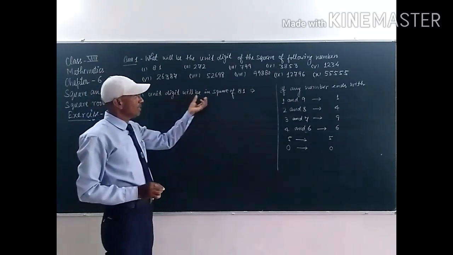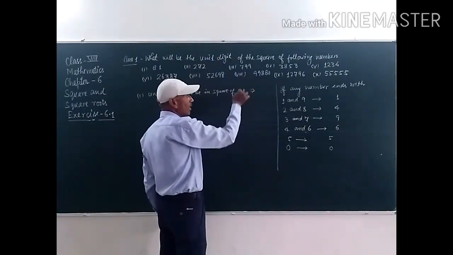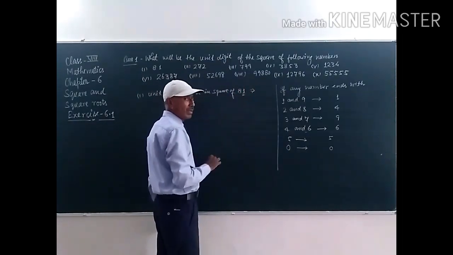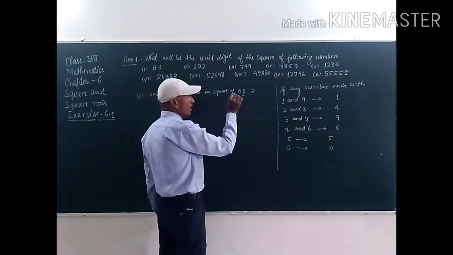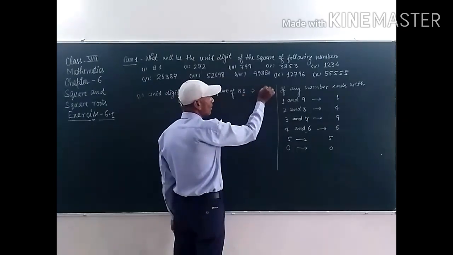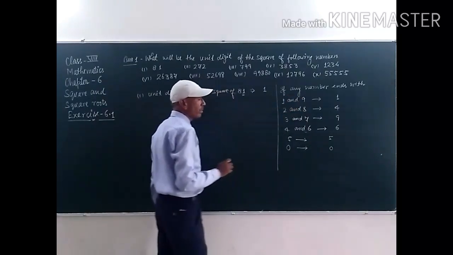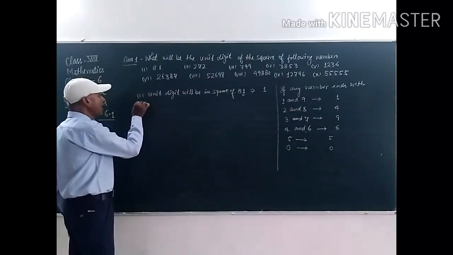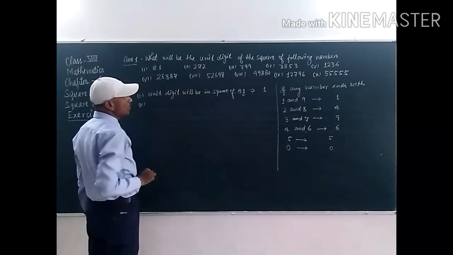Unit digit will be in the square of 81, because this number 81 ends with 1. Unit digit of this number is 1. So in square of this number, unit digit will be 1, student. We have to follow this rule. Clear, student?